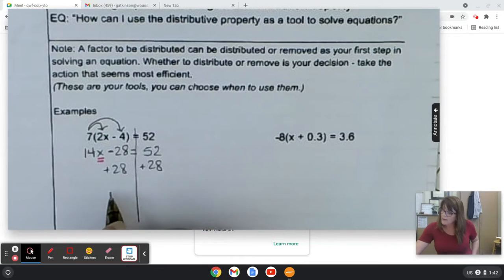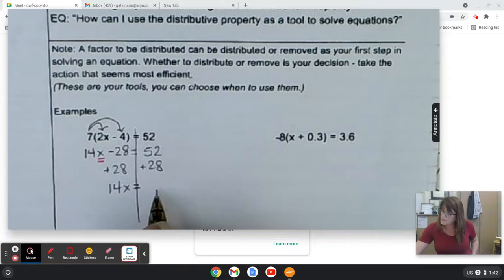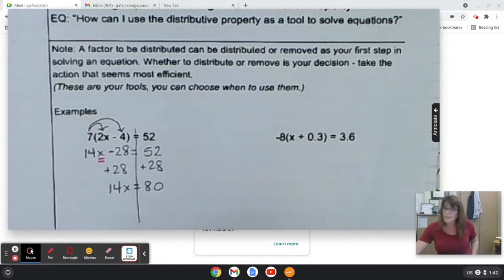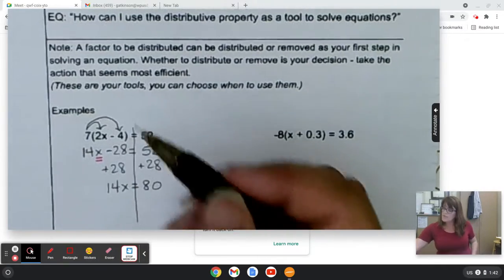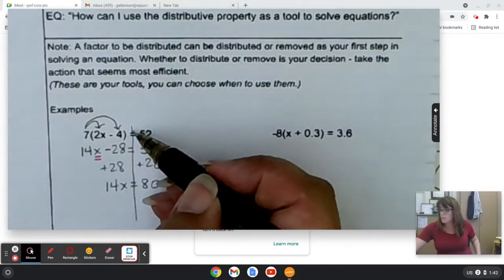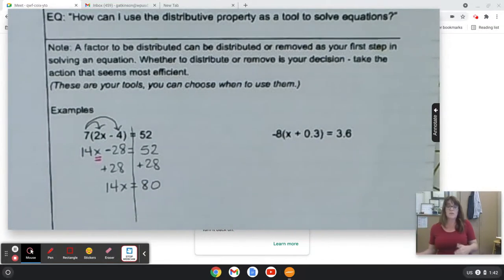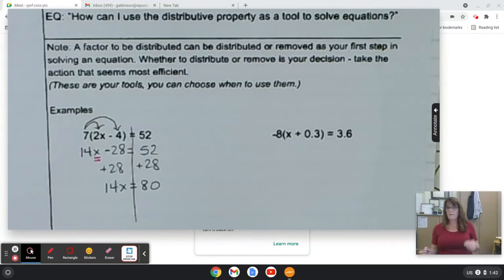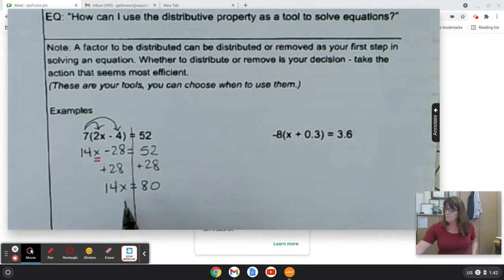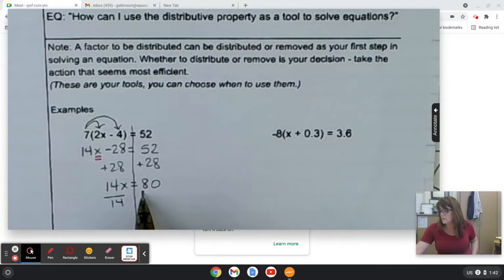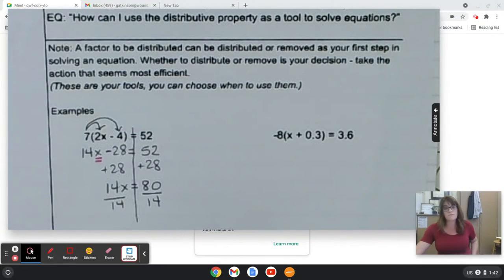And now I have 14x equals 80. Now, notice that when I solve an equation, the equal signs stay lined up. I show the step. I'm going to show the next step. You do not skip steps. Now, 14 times x, the inverse operation would be divide by 14, divide by 14.